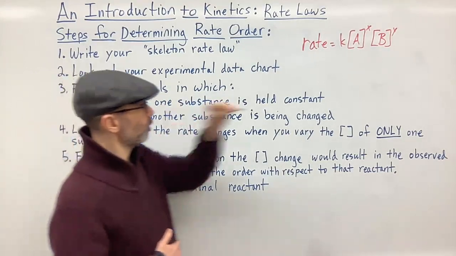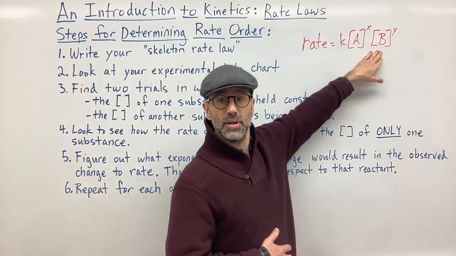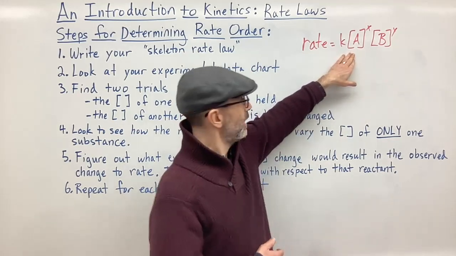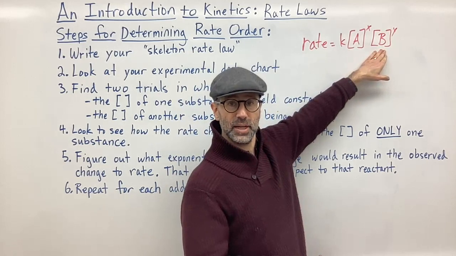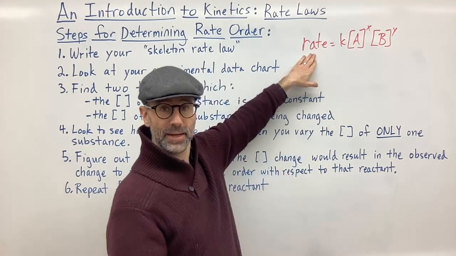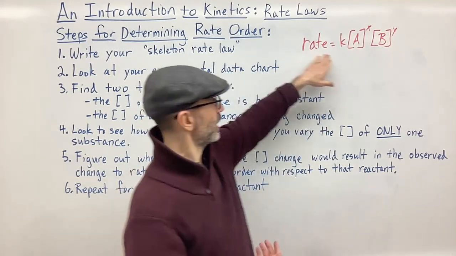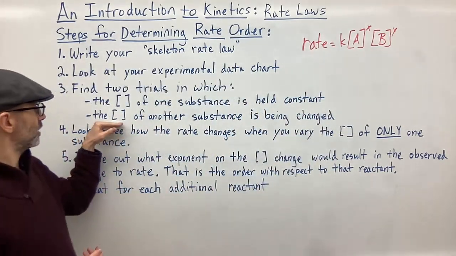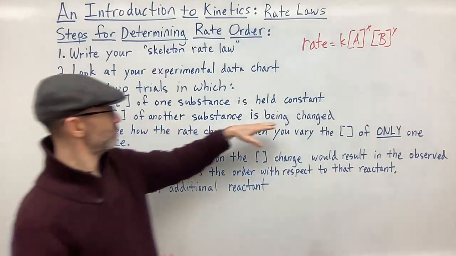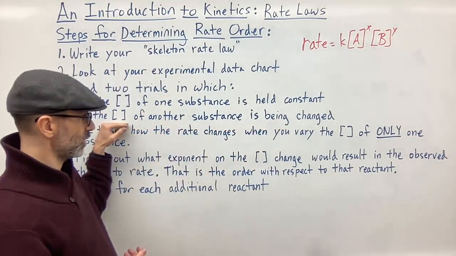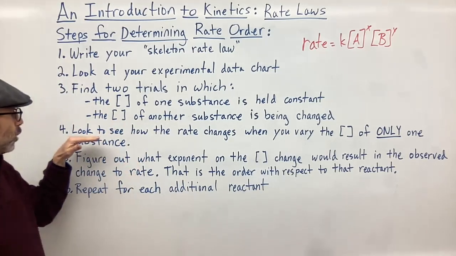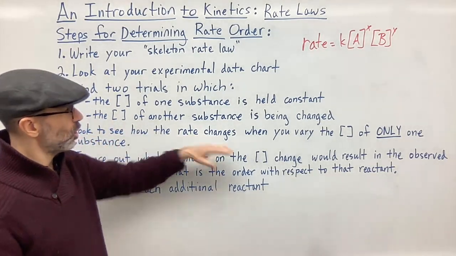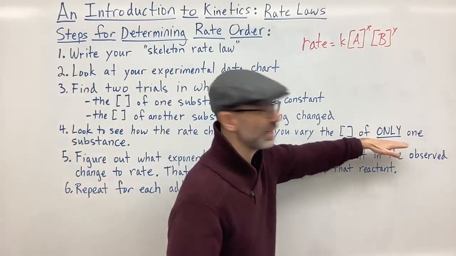If I was looking for B, I would find two trials in which A is held constant while B is changing. And so I would look at how the rate is affected by the change in B only. So I only want the concentration of one substance to be changed, and I'm looking to see how the rate changes when I vary the concentration of only that one thing.